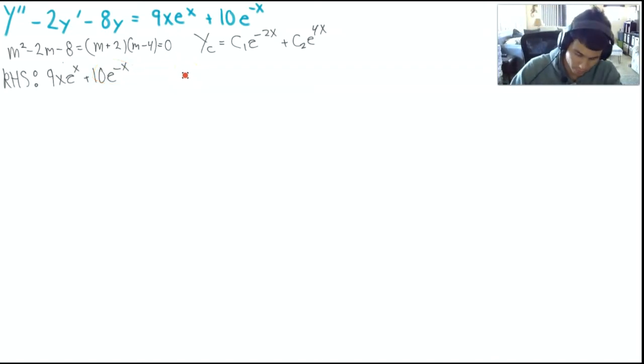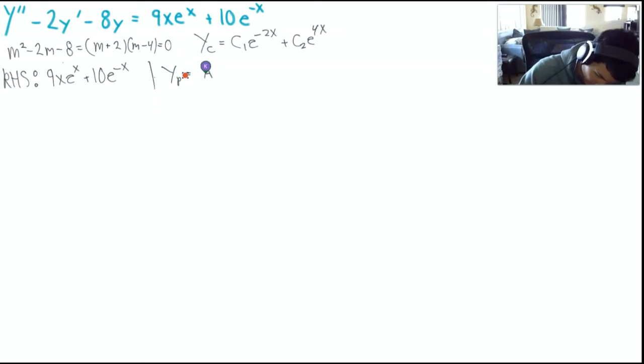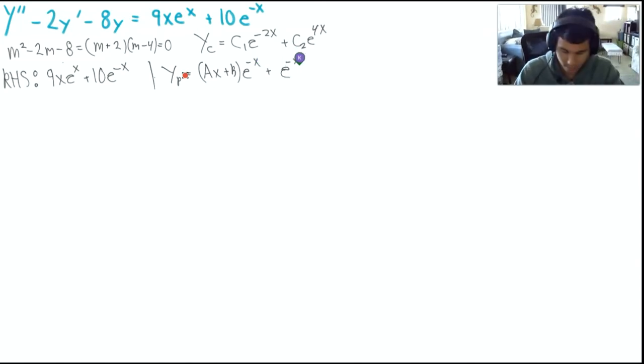So yp would resemble this. It would be something like ax plus b times e to the x, plus e to the negative x.